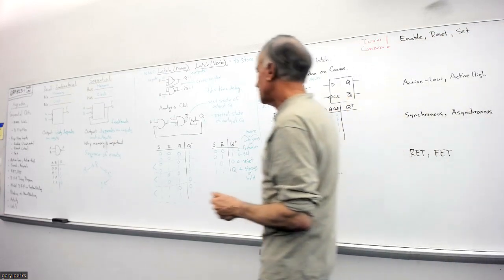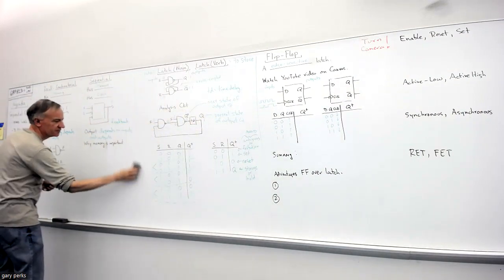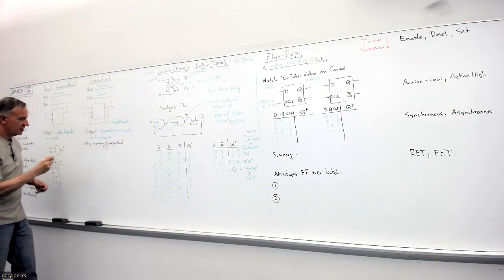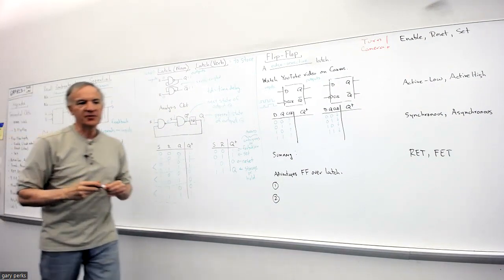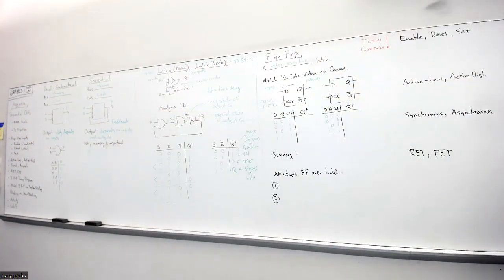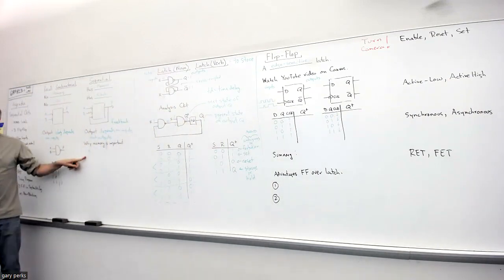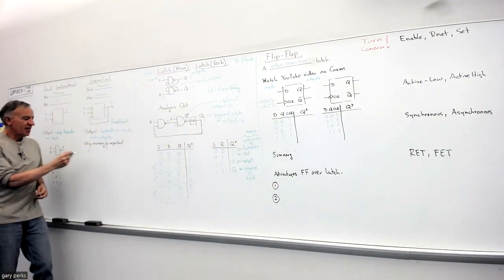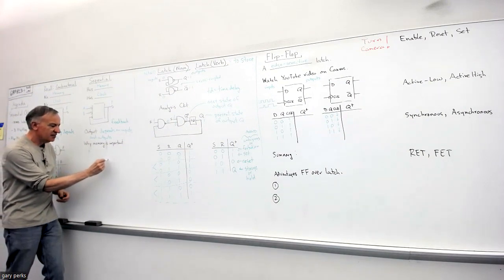Well, let's come over here. What this upward arrow symbolizes is the time at which the clock changes from a 0 to a 1.